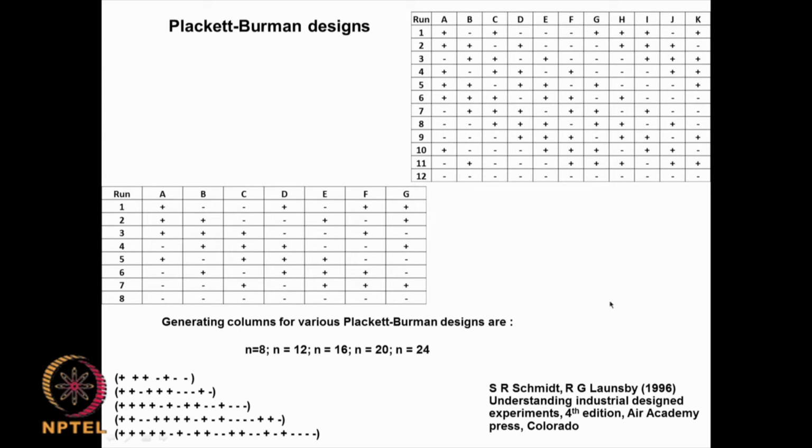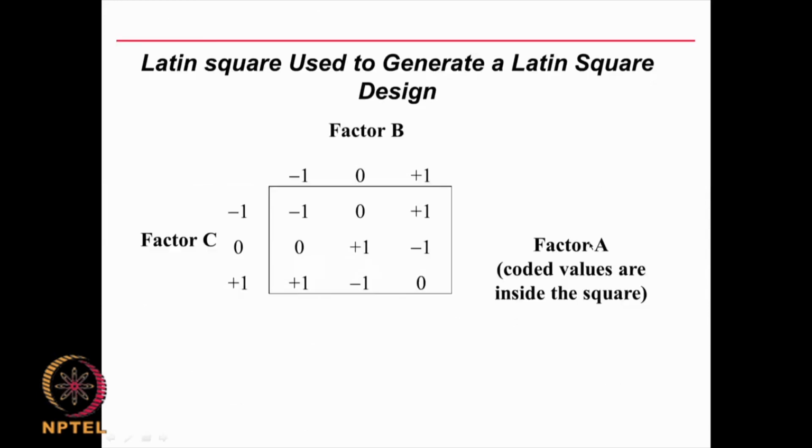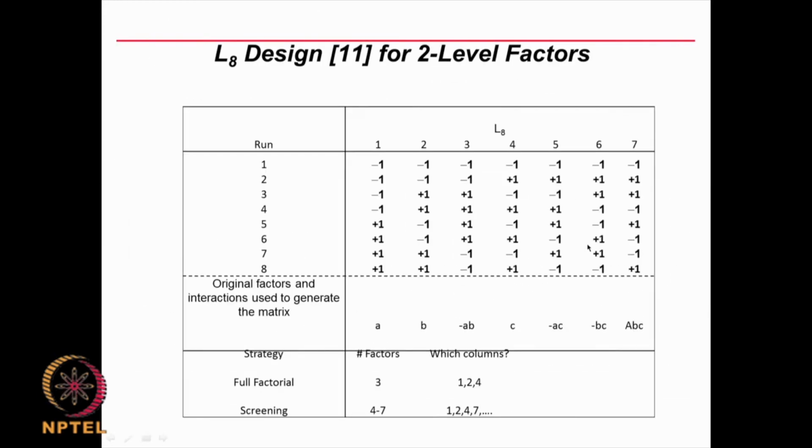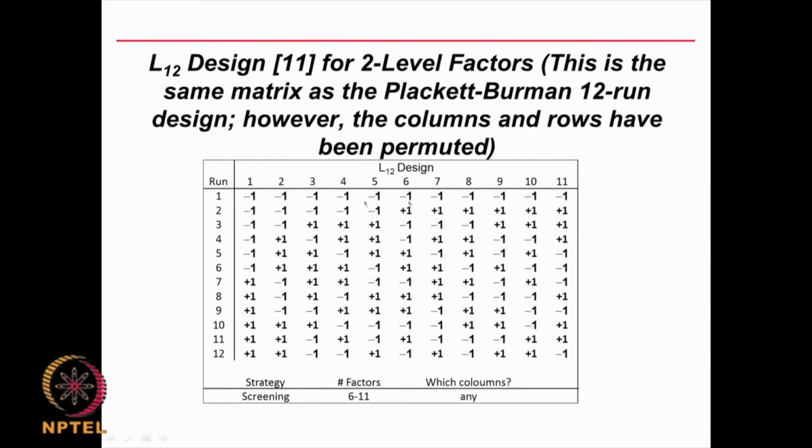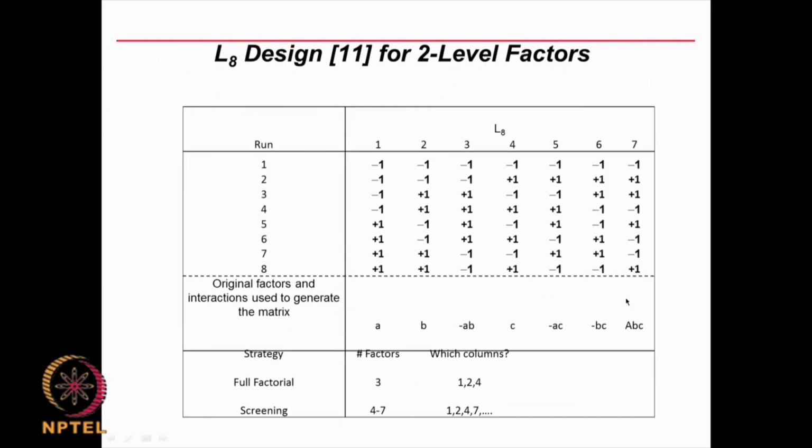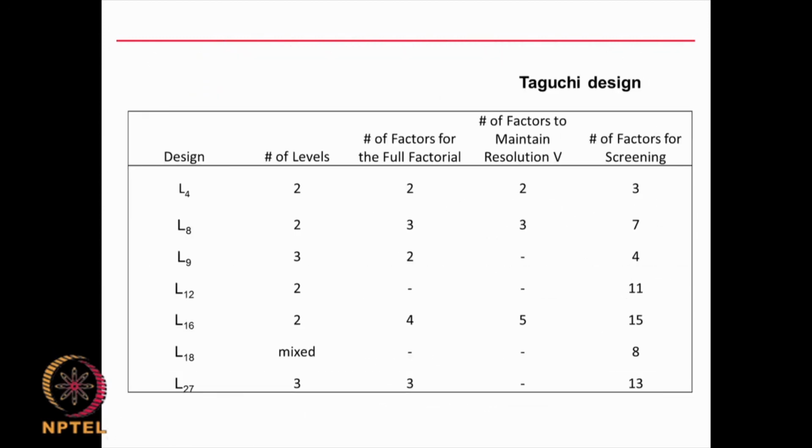So, there is a switching over of some rows and columns, but it is exactly like Plackett-Burman. So, for 11 factors I can use a Plackett-Burman design and do 12 experiments, or I can pick up the Taguchi table for L12, I have 11 factors and I can do a screening design. I have both the options, Taguchi or Plackett-Burman for 12 experiments.